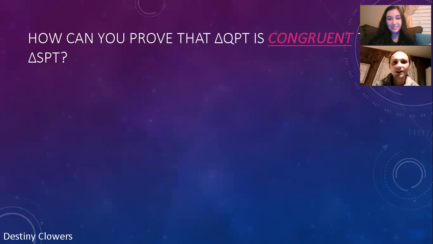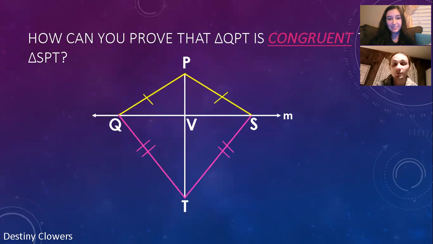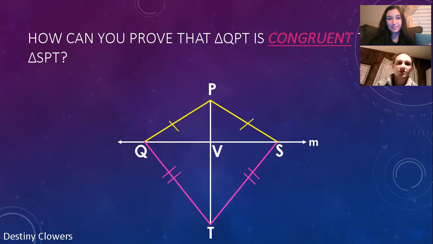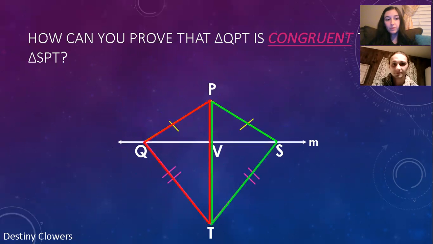So how can you prove that angle QPT is congruent to angle SPT? All right, so to prove that triangle QPT is congruent to triangle SPT, we're going to begin by looking at a reflection. So as you can see, this line right here, it's met by both of the triangles.